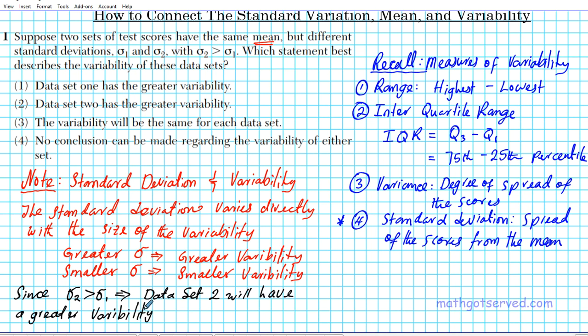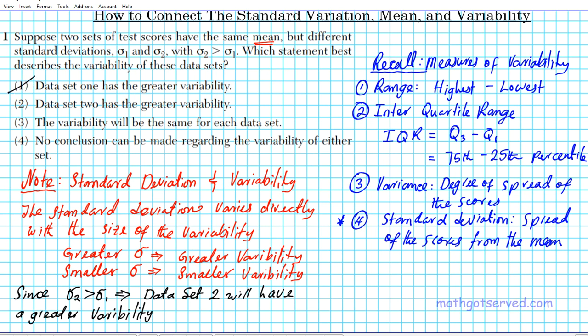Remember, the greater the standard deviation, the greater the variability. So since dataset 2 has a greater standard deviation, it automatically follows that it's going to have a greater variability compared to dataset 1 because they have exactly the same mean. If you take a look at the options, option 1 says dataset 1 has greater variability.